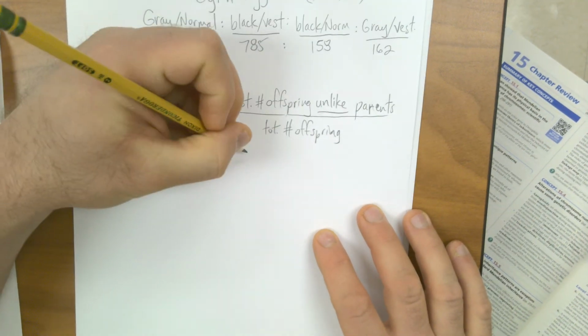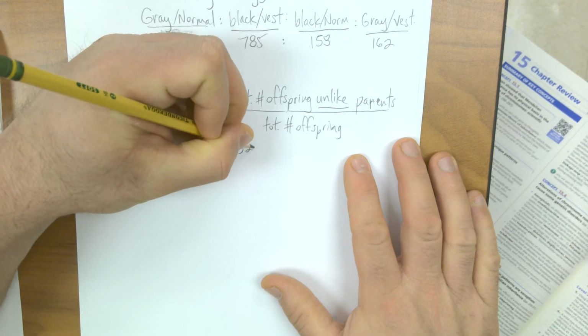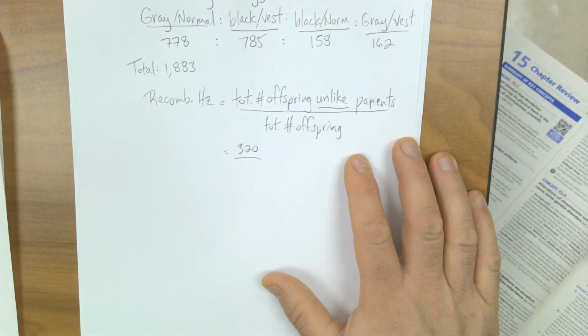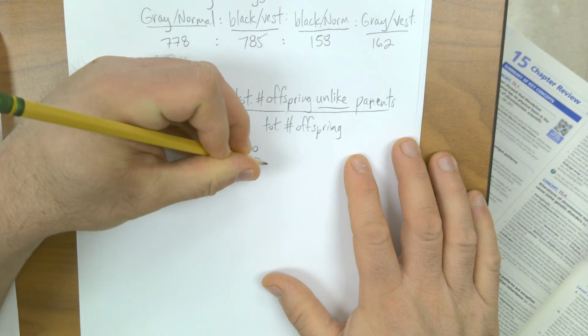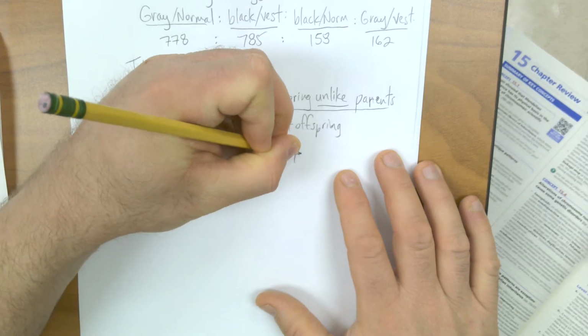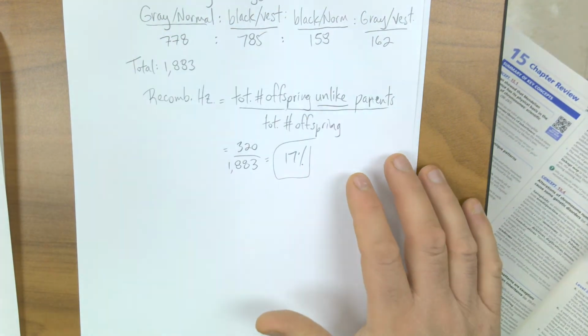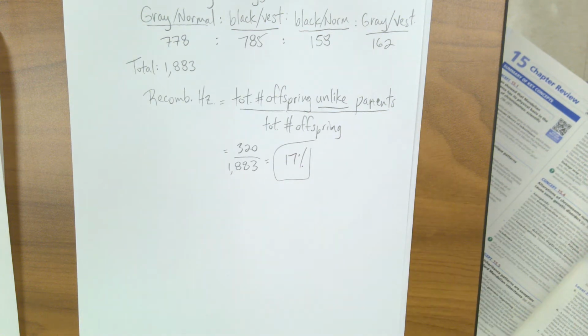So in our instance, there are 320 offspring that are unlike the parents. Divide that by your 1,883, and that gives us a recombination frequency of 17%. So that means 17% of the time these genes for body color and wing shape get swapped during crossing over.